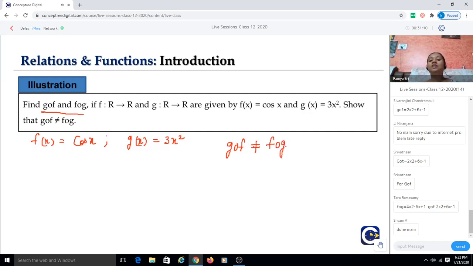Basically we have a property where we can directly say it, because we know that composite function is not commutative, right? So directly we can say, but as they asked, we have to show it with respect to our functions f and g. So let's find our g of f as well as f of g, and then simply show whether your LHS is equal to RHS or not.